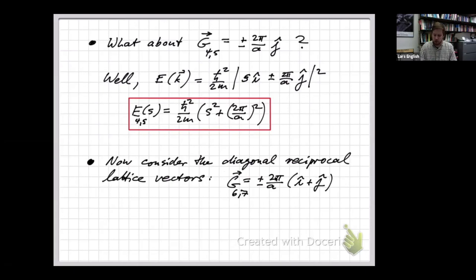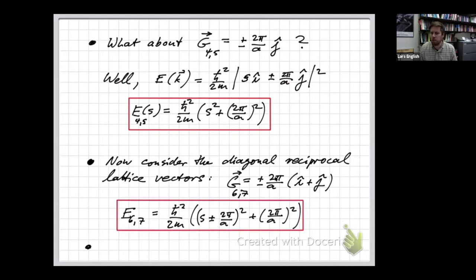Okay, so how do we deal with that? Well, you can convince yourself without too much work that that will be the formula we get for energy. How does that come about? Well, we have an i hat component here, x component, and a y component, a j hat component.